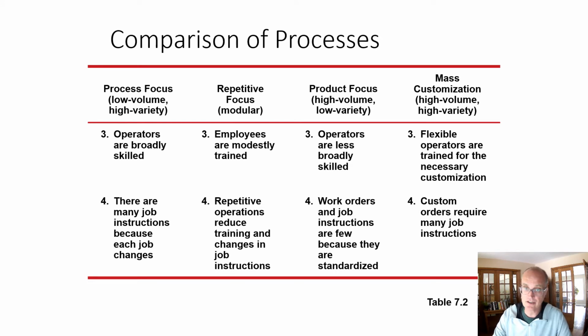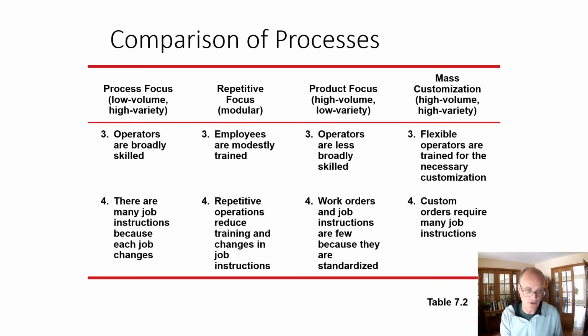Now, some companies, even in product focuses, are doing cross-training to allow for continuous flow when people go on breaks or if people are away, but generally those operators are doing the same thing on a consistent basis. And again, repetitive focus is somewhere in between, and mass customization is again somewhere in between. In this case, process focus, you have many job instructions because each job changes, so the whole of the process is different every time.